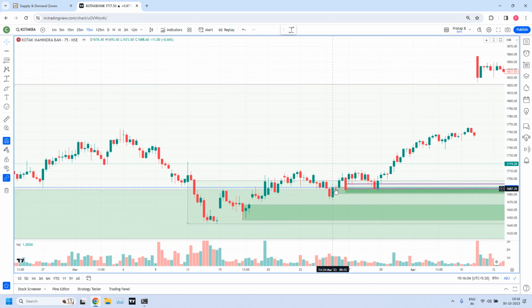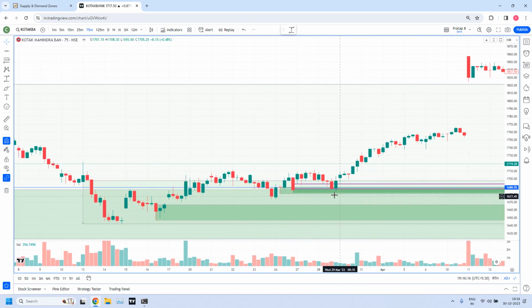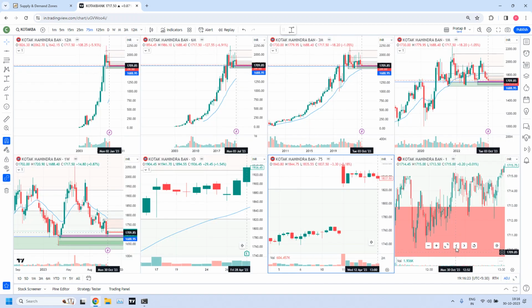That is rally, base, rally on 75 minutes. Of course, it is again tested here. While testing, on 15 minutes. Let's go to the 15 minutes.